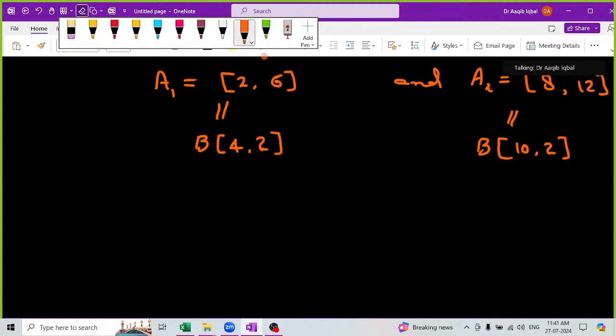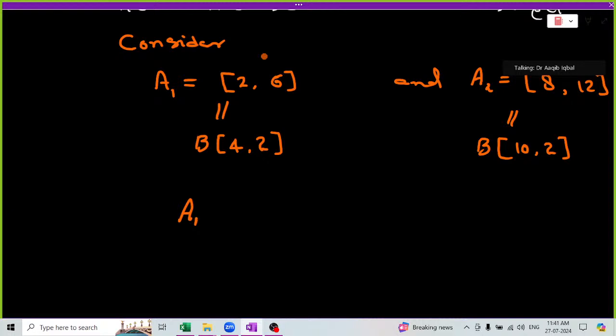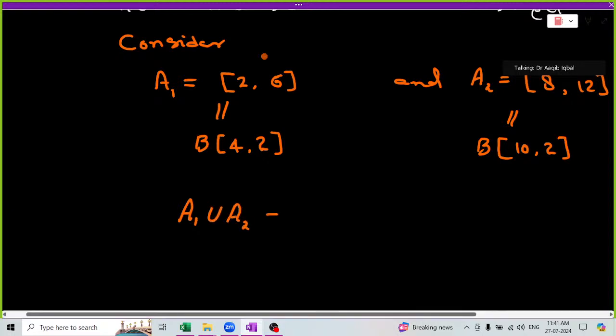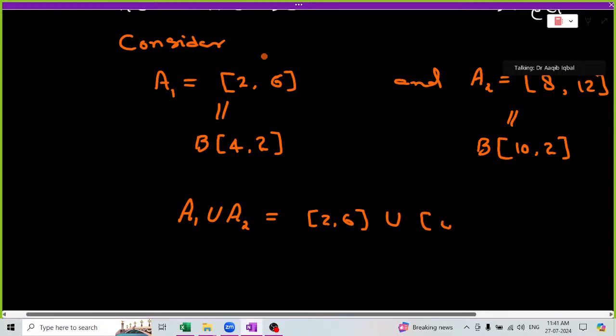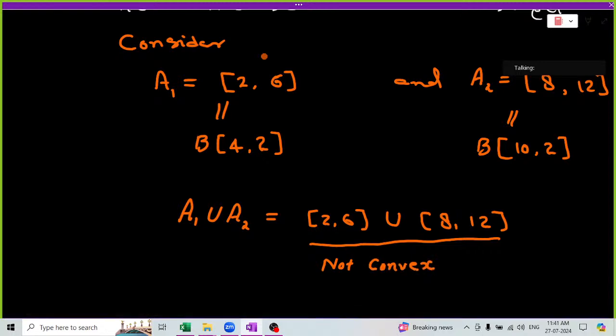If you take the union A1 union A2, this will be [2,6] union [8,12], and this set is not convex. है ना? It's not convex because it's disconnected. It's not an interval.